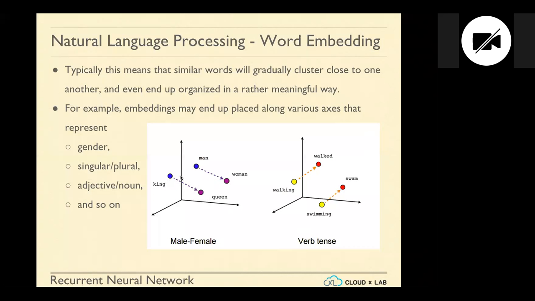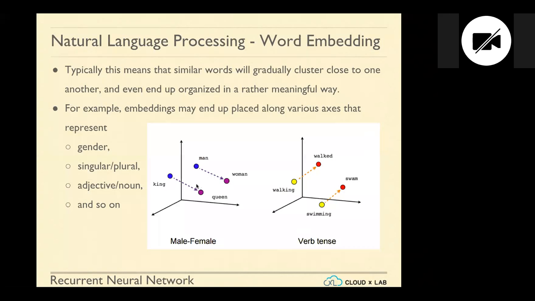Since this is a vector, as in a list of values in n-dimensional space, we are subtracting king minus queen and man minus woman, and this way we are able to see that these two delta vectors have less cosine distance.